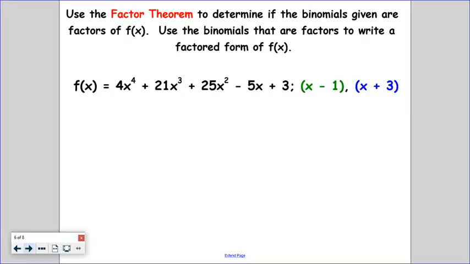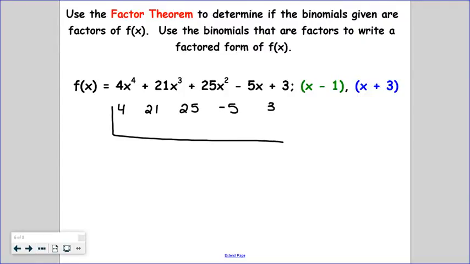Let's go ahead and get our synthetic division running here. All right. So first time I'm going to try out the x minus 1, which means I've got a 0 of 1. Try that out here.